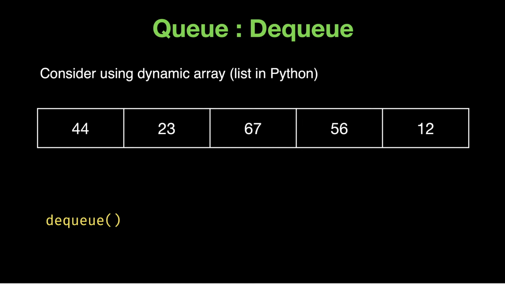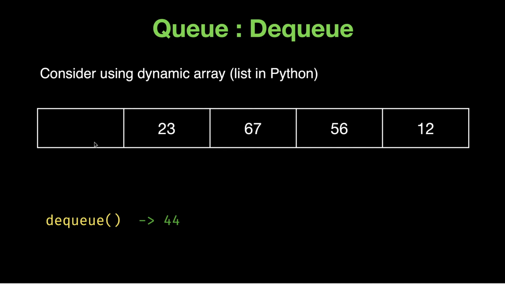but it is instead O(n). Because let us see the example. Suppose we are dequeuing from this array. That means we are removing the first element, right? Pop(0) means the first element is being removed. So if we remove the first element, then we have a problem: there is a hole in our dynamic array.